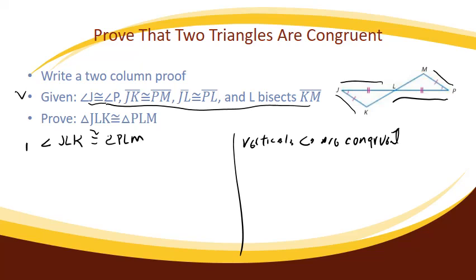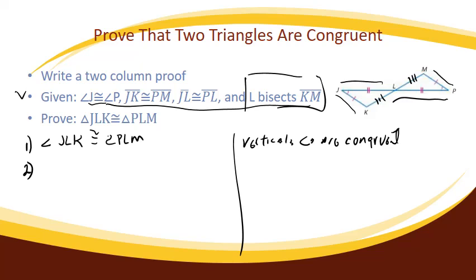Okay, so we'll call this our statement 1. Now our statement 2: if L bisects KM, then that's going to mean that segments LK and LM are congruent.